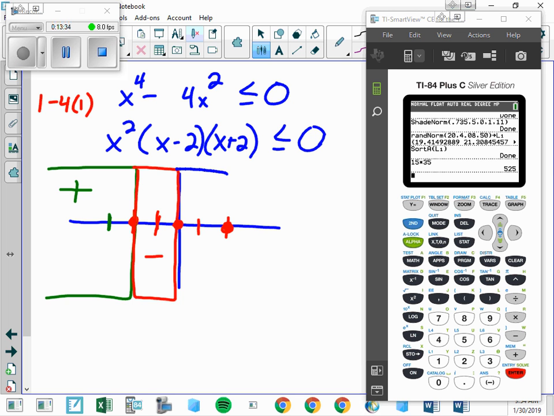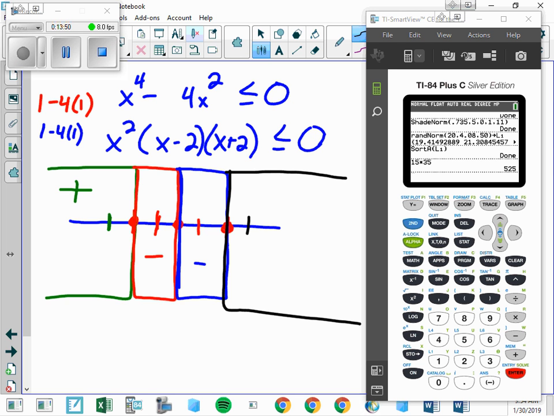Now we need to look at this piece, and I'll plug in 1. 1 minus 4 times 1 is negative. And then we look at the last piece. I'll plug in 3. 81 minus 4 times 9 is positive.